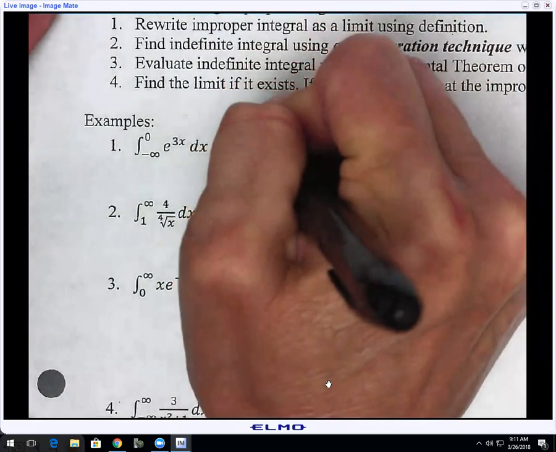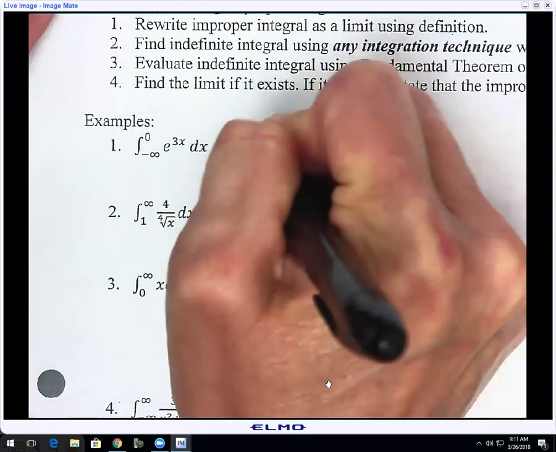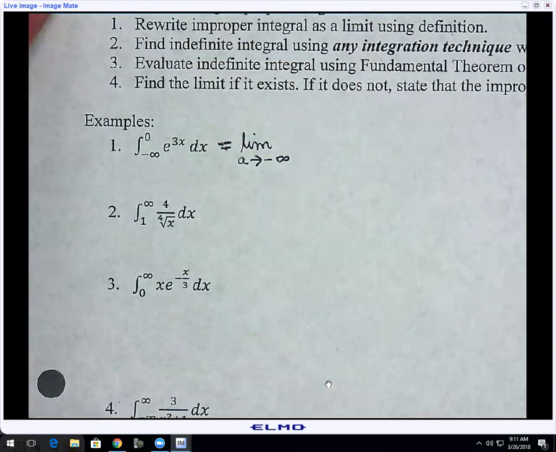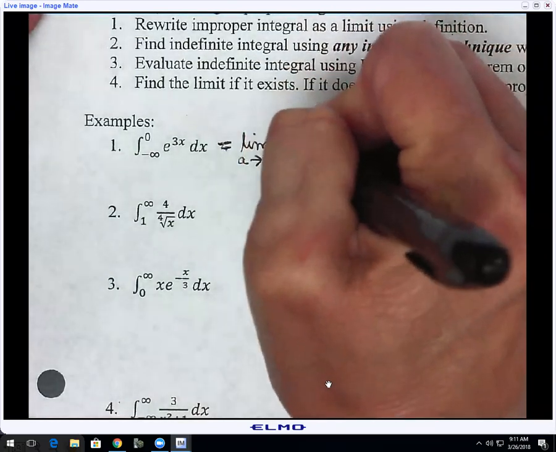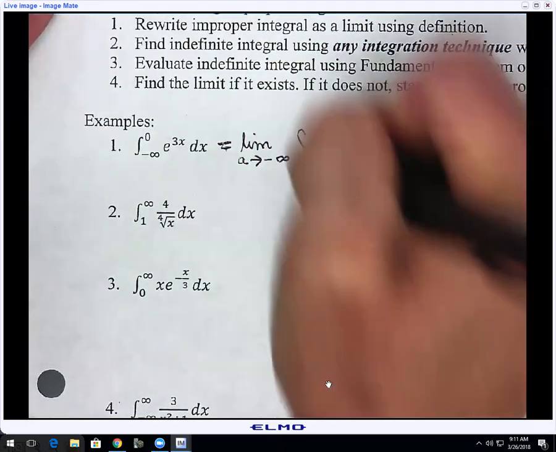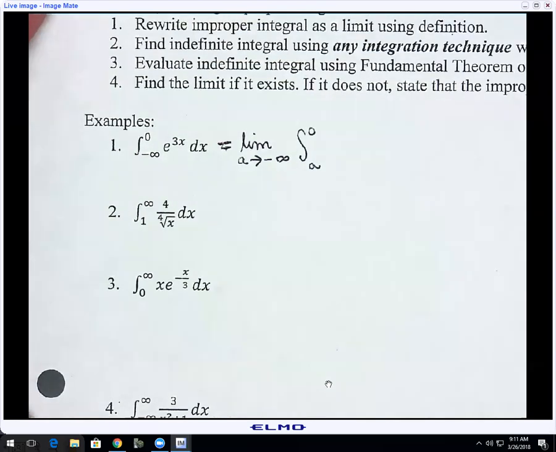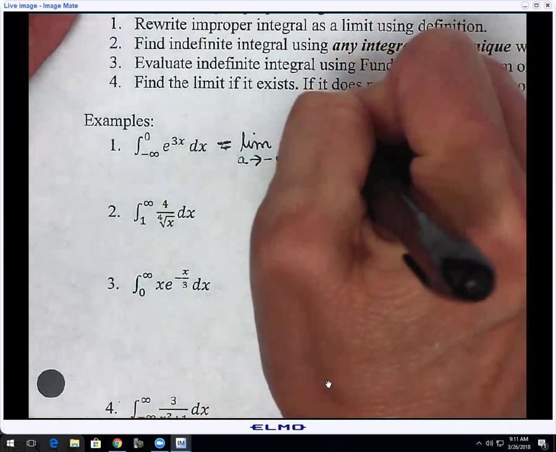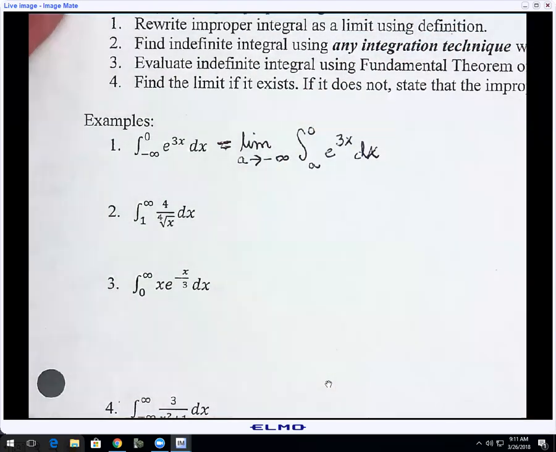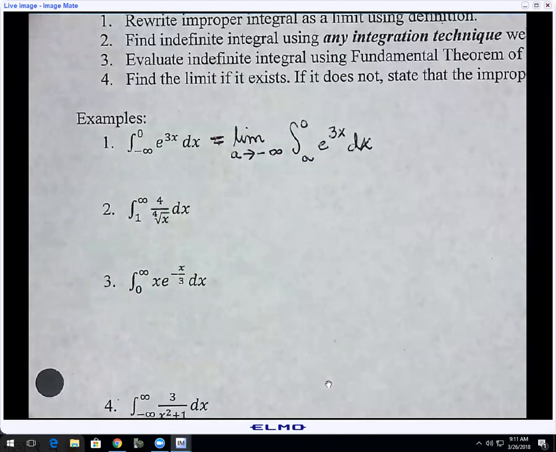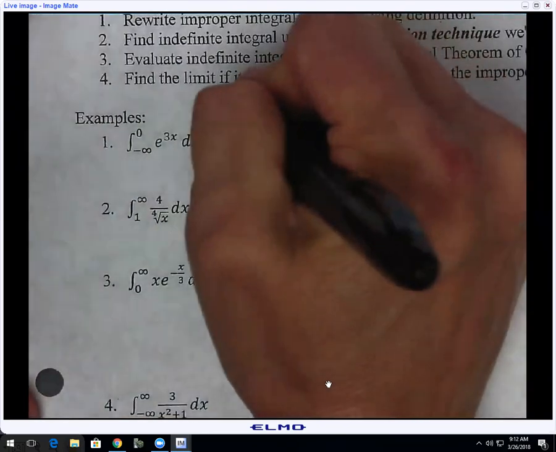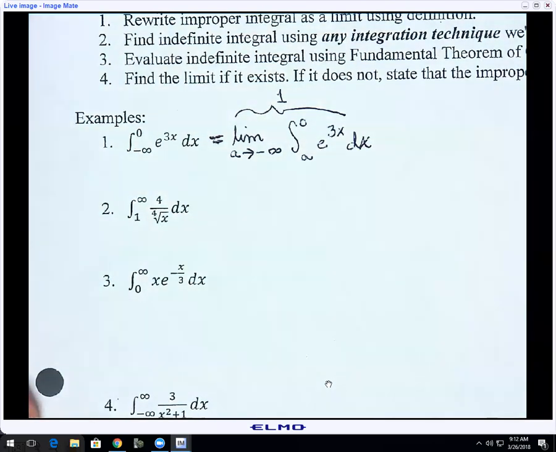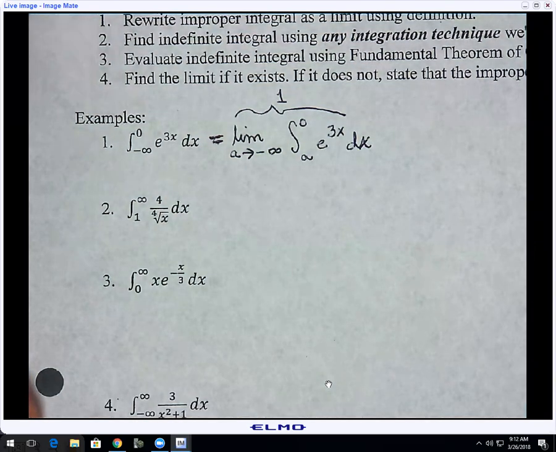So I have to take the limit as a goes to negative infinity of the definite integral from a to 0, 0 still my b, of e to the 3x dx. That's step 1. We rewrote that integral in terms of the definition for an improper integral.